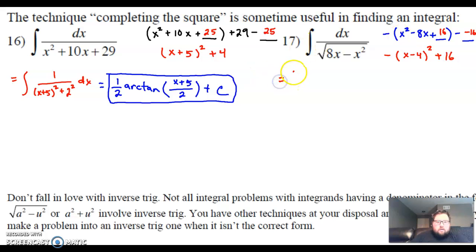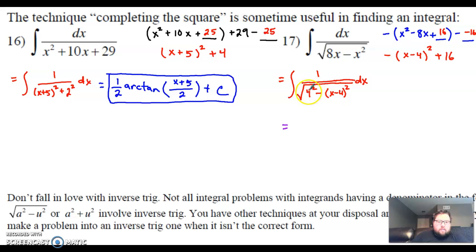All right, so let's rewrite our integral as 1 over the square root. And I'm going to put the positive number first, and I'm going to rewrite that as a perfect square, 4 squared minus x minus 4 squared dx. All right, and that looks like it's exactly in the arcsine format that we want to see.